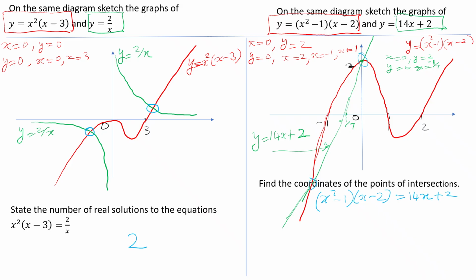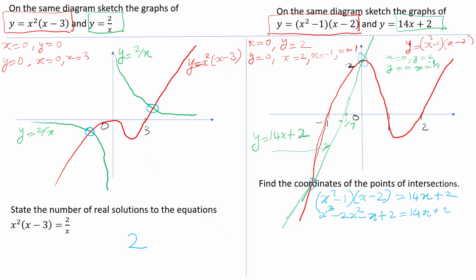So we need to expand this bracket. So x squared times x is x cubed, minus 2x squared, and minus 1 times x, minus 1 times minus 2, plus 2, equals 14x plus 2. Now rearrange equal to 0.